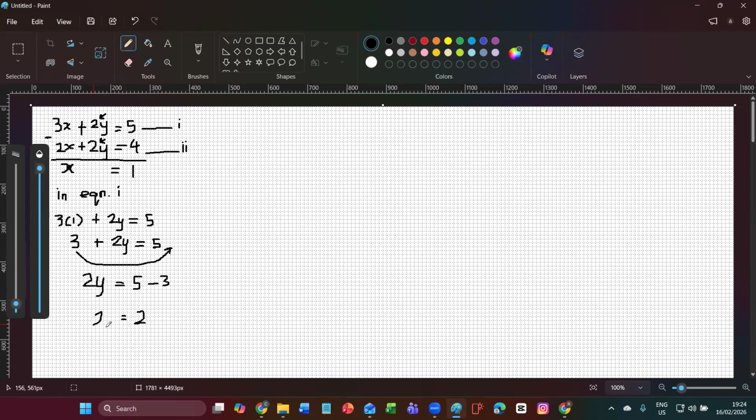And of course, what do you think we should do to find y finally? Not sure. So just a reminder, anytime you have an unknown, in this case, it's y, and you have a number multiplying that unknown, simply divide both sides by the number that's multiplying the unknown.